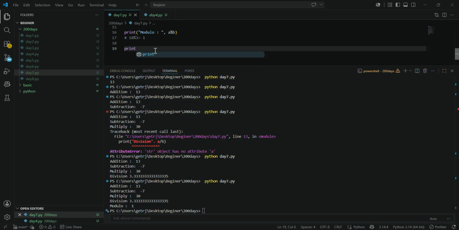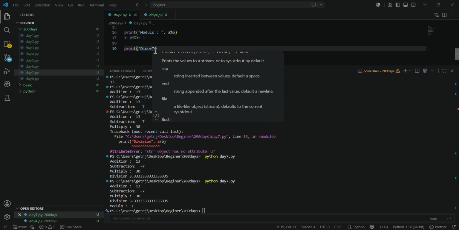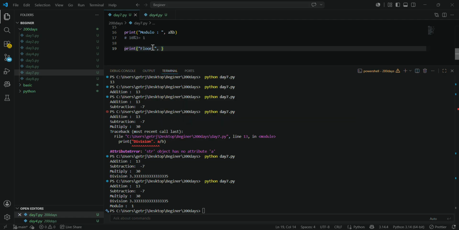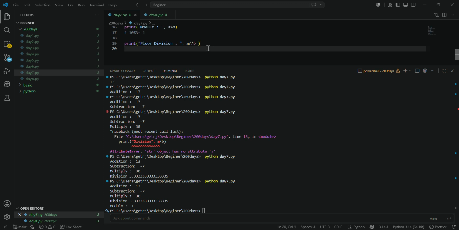Now we will check print floor division. 10 by 3 comes to 3.33333 and so on.